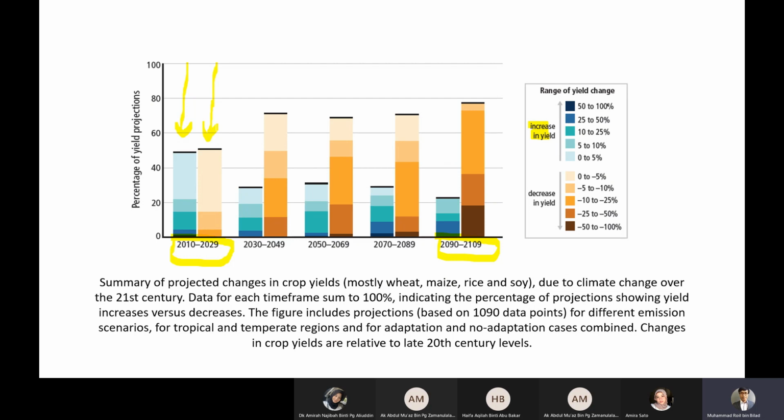Overall, until 2030 most likely we won't see an obvious change in the yield, but the drastic change will be felt from 2030 and beyond. You see more decrease than increase in terms of crop yield.